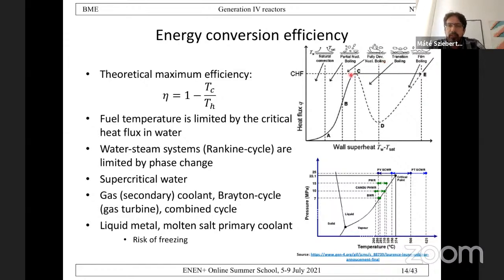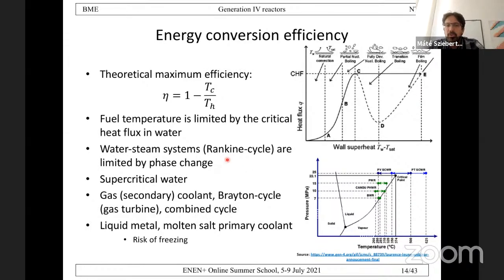But at a certain point, it makes a transition to film boiling, which means that the steam layer will divide your surface, so the cladding wall, from the coolant, and there the heat flux and the heat transfer drops a lot, and there you have in light water reactors a risk of fuel failure. So this limits the temperatures in water cooling.